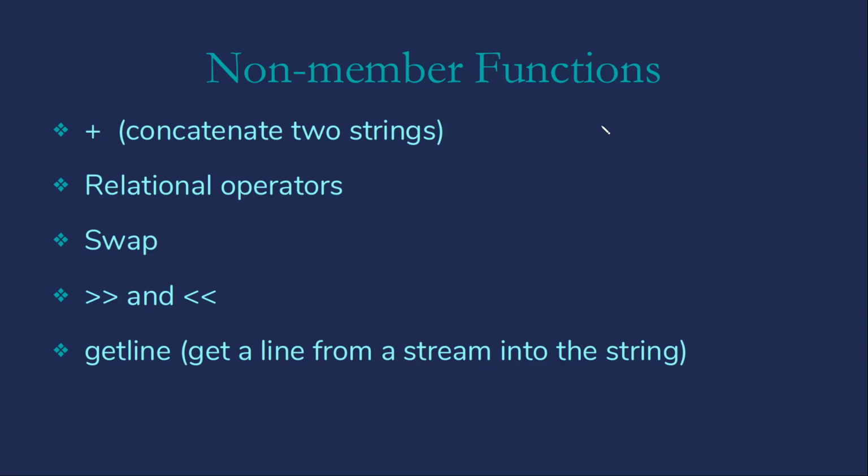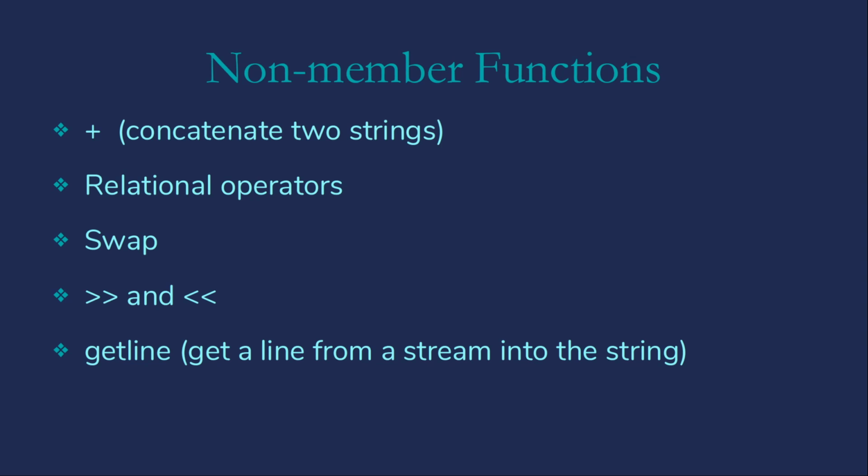Then we have non-member functions. So these are not part of the class, but they are things that are overloaded to work with string class strings. So we have addition. The plus is overloaded to concatenate two strings. So I can say this string plus this string. We're used to that notion. Relational operators, so all of the less than, greater than, equal to, not equal to, etc. work fine.